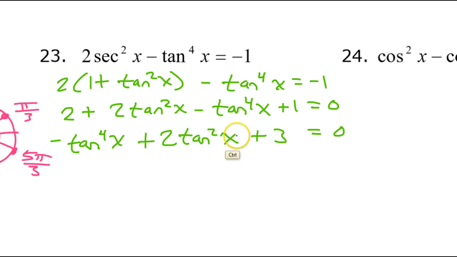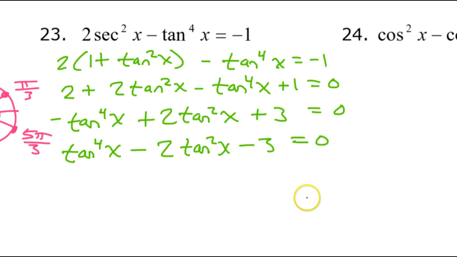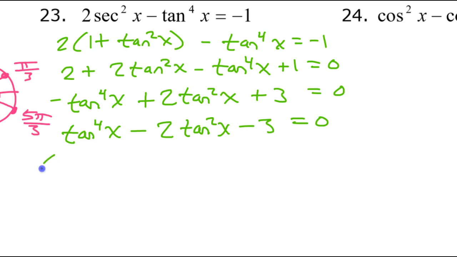So I'm just going to divide everything by -1, which just will change all the signs. So this is going to give me tangent to the 4th power minus 2 tangent squared minus 3 is equal to 0. Now it's time to try to factor this.